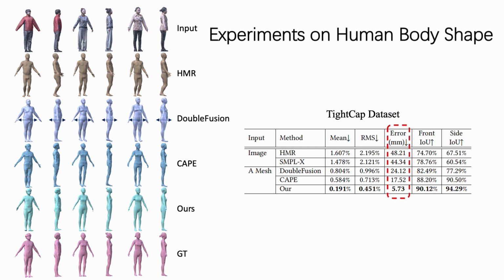Here we provide a qualitative comparison on 3 challenging cases with various clothing tightness and similar postures to get rid of the posture ambiguity. Our approach accurately reconstructs the human body shape by modeling various clothing tightness fields effectively.